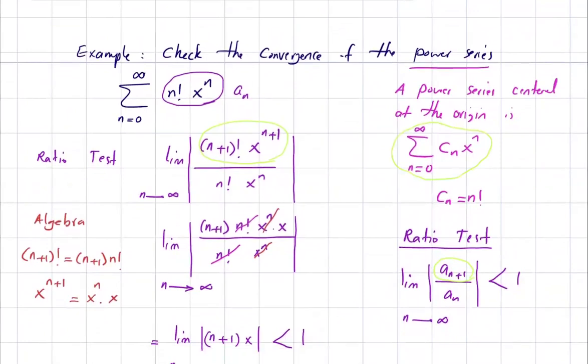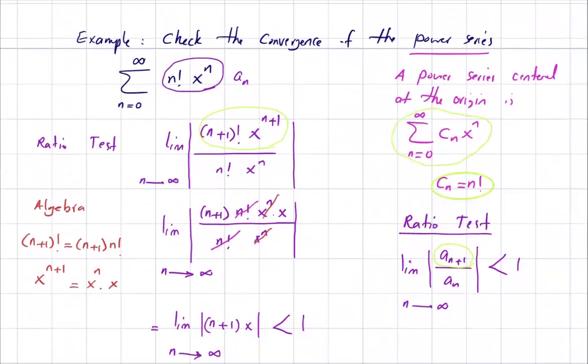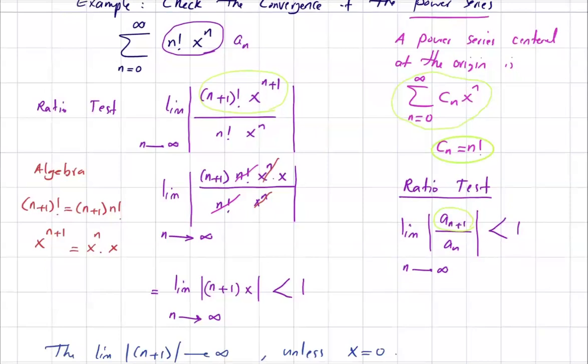In this example, c_n is equal to n factorial, but when we're applying the ratio test, you have the limit of the absolute value of a_(n+1) divided by a_n as n goes to infinity. For the series to be convergent, this limit must be less than 1.